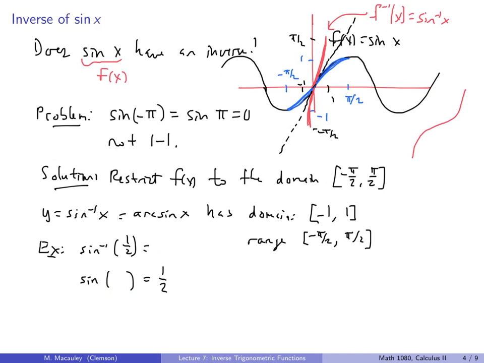And that's going to be pi over 6. So inverse sine of 1/2 is pi over 6, and that's because sine of pi over 6 is 1/2. And I should say, pi over 6 is in our restricted domain, negative pi over 2 to positive pi over 2.